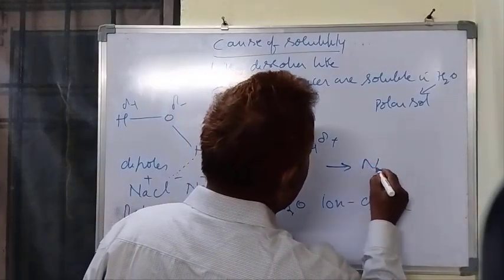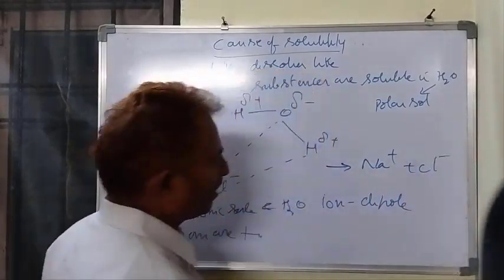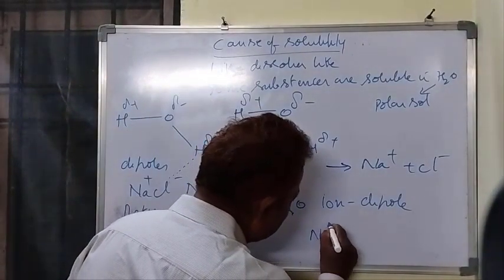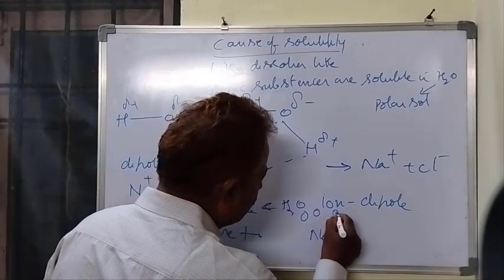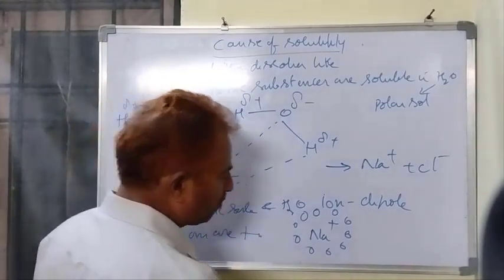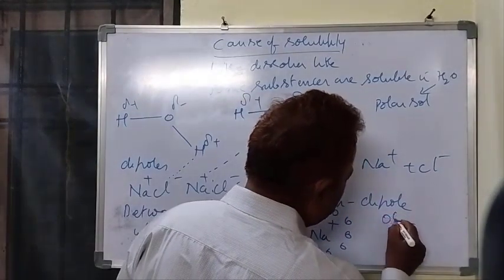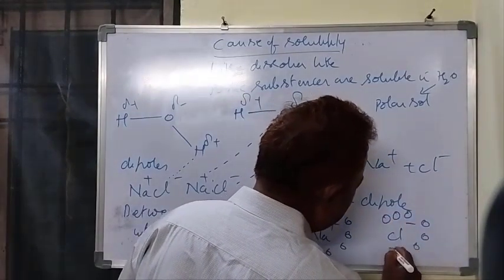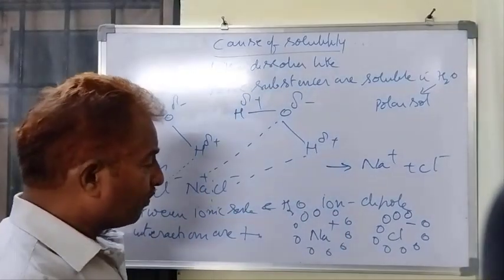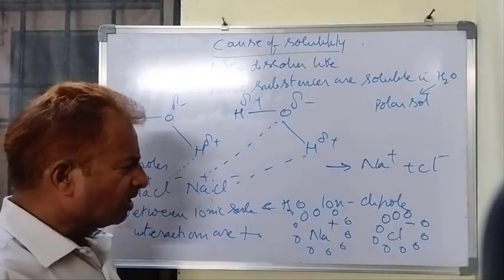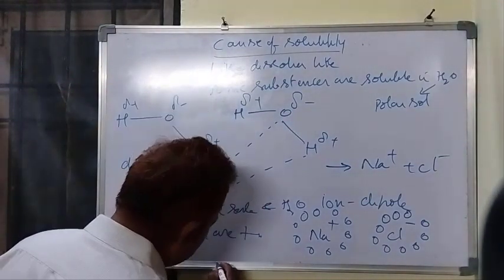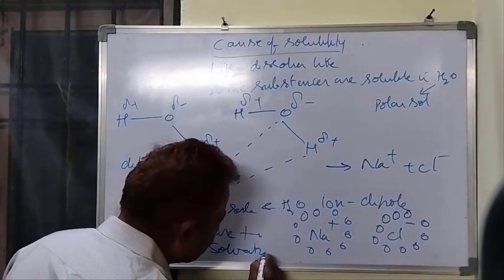Therefore, this becomes Na plus and Cl minus. Around each Na plus ion there are water molecules. Solvent molecules surround the sodium positive charge, and in the same manner around the chloride negative ion. This process of solvent molecules surrounding the charge-separated ions is known as solvation.